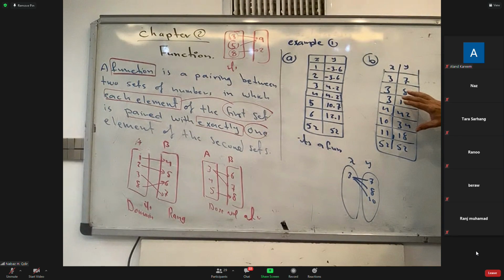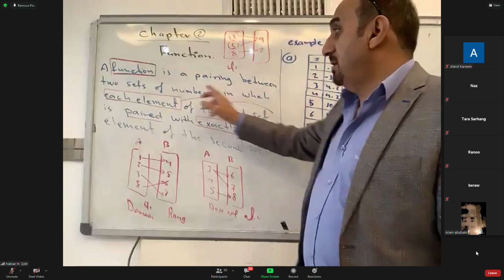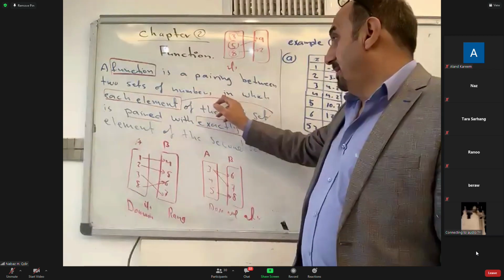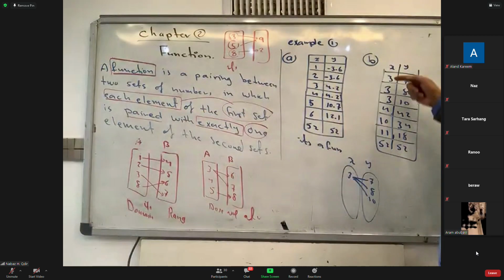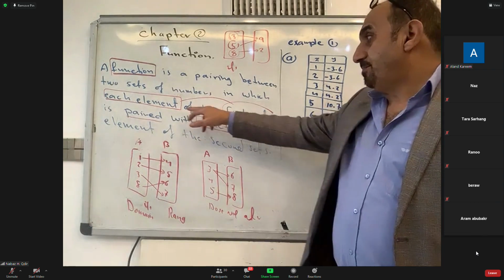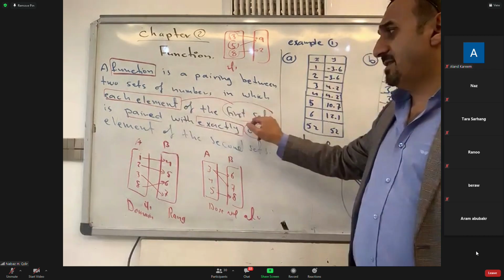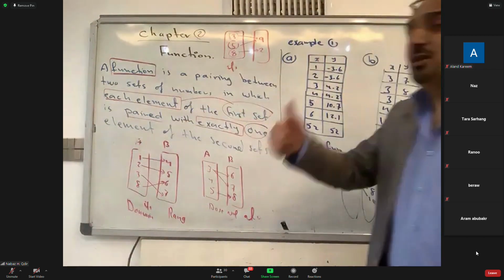The definition of the function says a function is a pairing between two sets of numbers, in which each element of the first set is connected or paired with exactly 1.